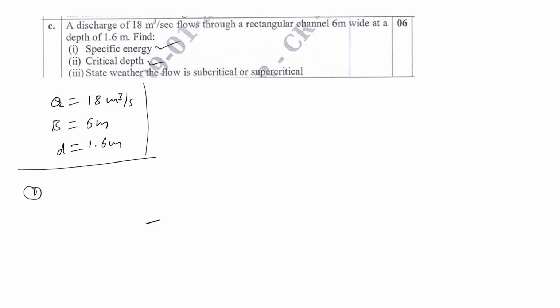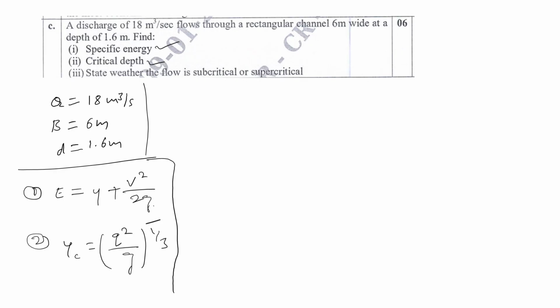The first one, specific energy E is given by depth y plus velocity v square divided by 2g. Second one, critical depth is given by yc is equal to discharge per unit width, that square divided by g, whole raised to 1 by 3.